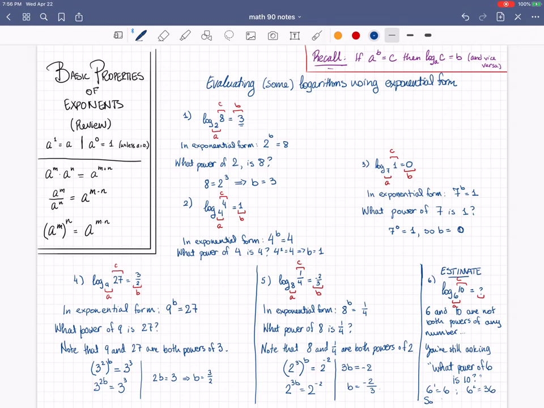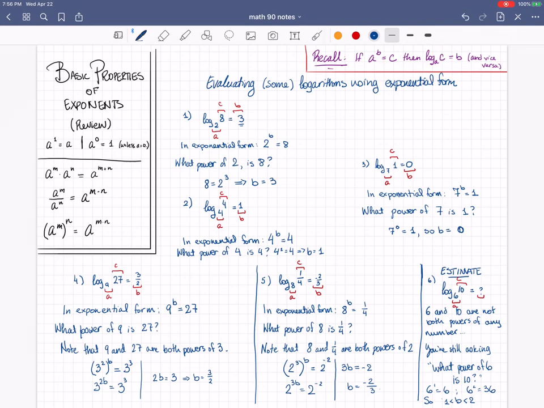So B has to be a number between 1 and 2. And judging by the fact that 6 is much closer to 10 than 36 is, B is probably a number significantly closer to 1 than it is to 2. So we don't have the capability to answer exactly in terms of decimal approximations.